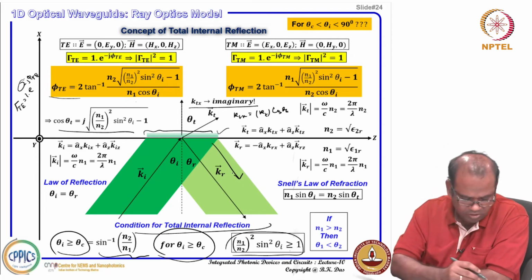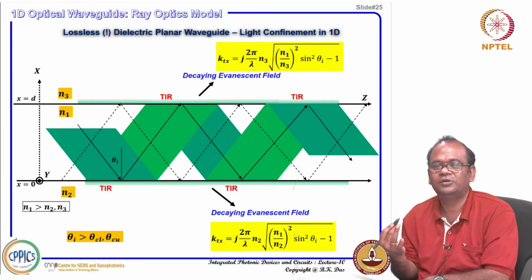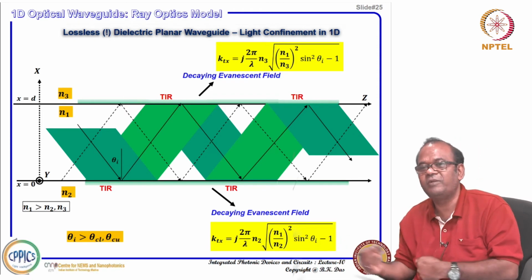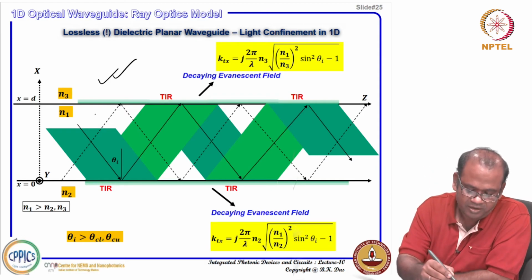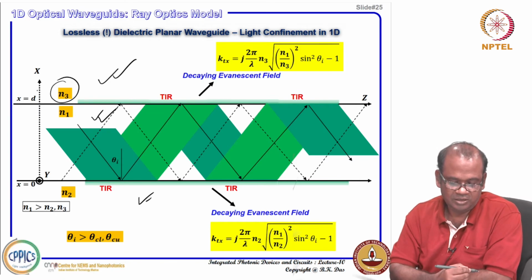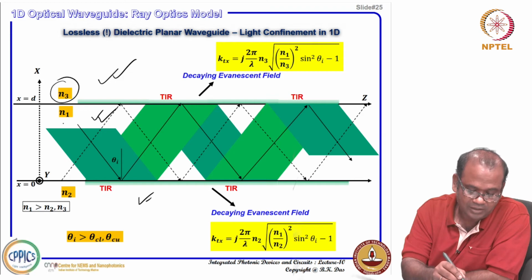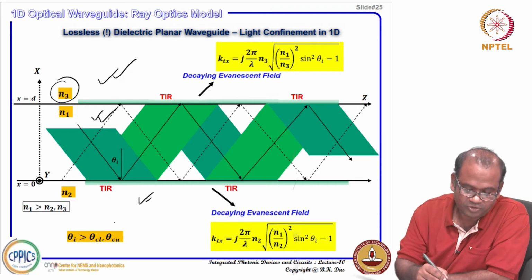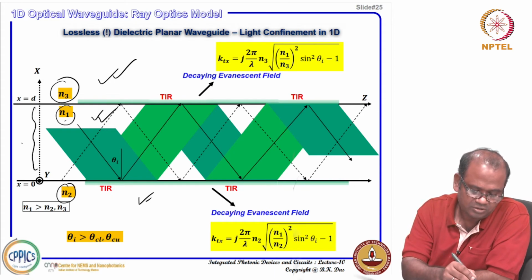Okay. So, if that is the case, then you can think of a lossless optical waveguide. You can use medium 3, medium 1 and medium 2. Medium 3 is dielectric also. You can characterize it by a refractive index n3, and medium 1 is sandwiched between medium 2 and 3, n2 and n3 here, and the width of medium 1 is just a certain d.